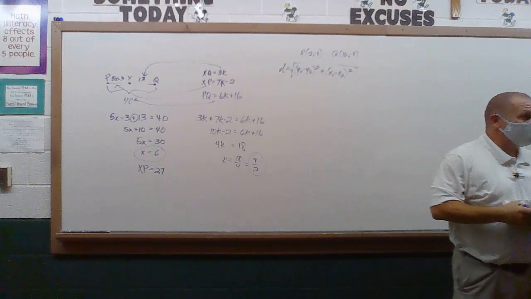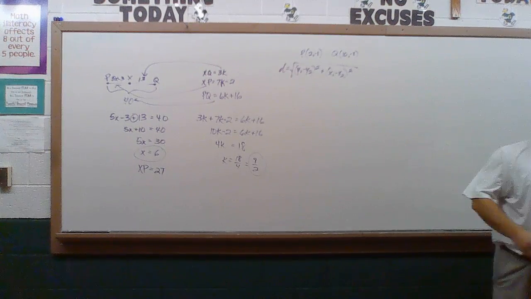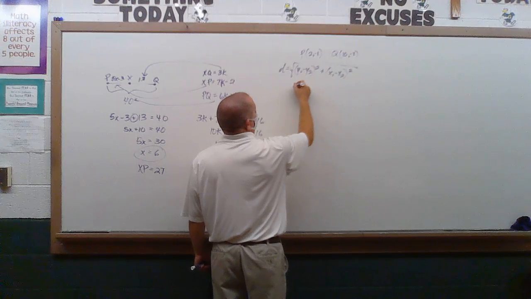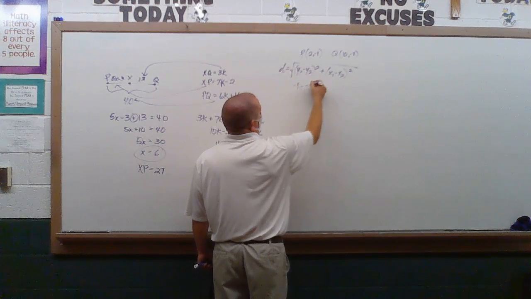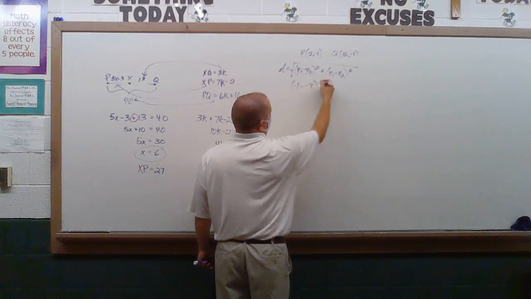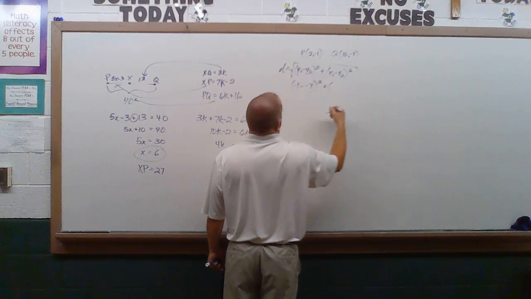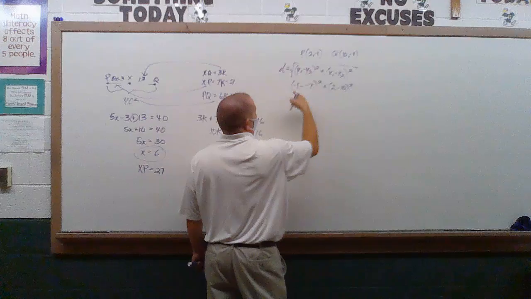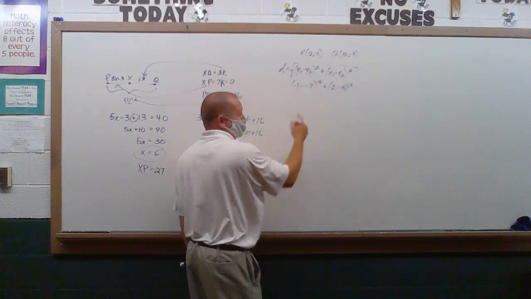So I'm going to take that information and stick it into the formula, right? What are my y's? Negative 1 minus negative 7. Remember, this always has to be a minus sign. So that makes my x's 2 minus 10.